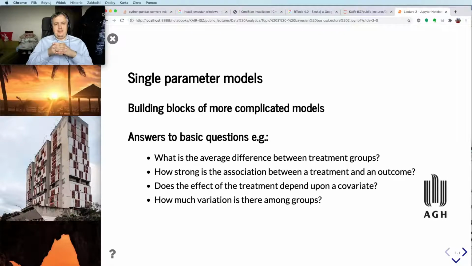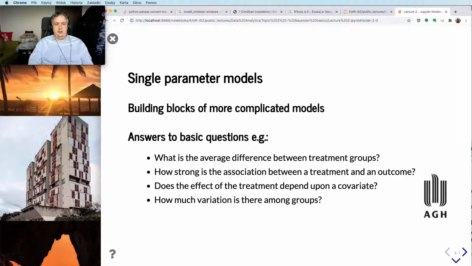Single parameter models are something that at first glance does not seem useful to us, because really we want complicated models that will predict, for example, stock market behavior or COVID patient prevalence, or whatever else.